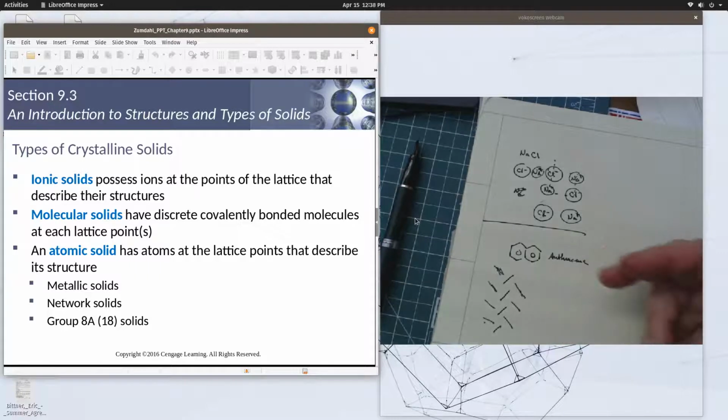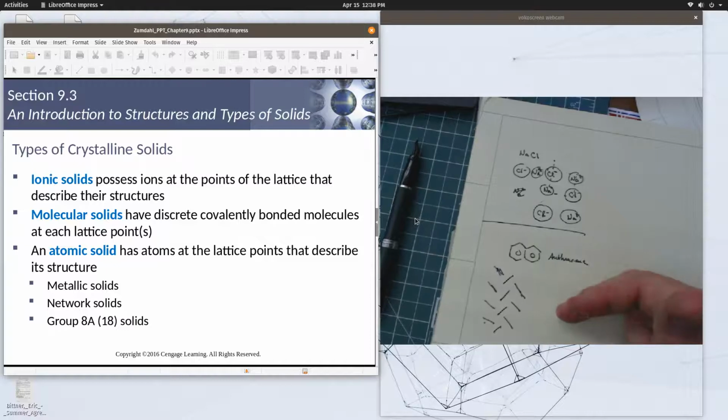So molecular solids have the molecules at the lattice points, and in an atomic solid, I have the atoms at the lattice points. So metallic solids, network solids, all sorts of different kinds of solids can form.